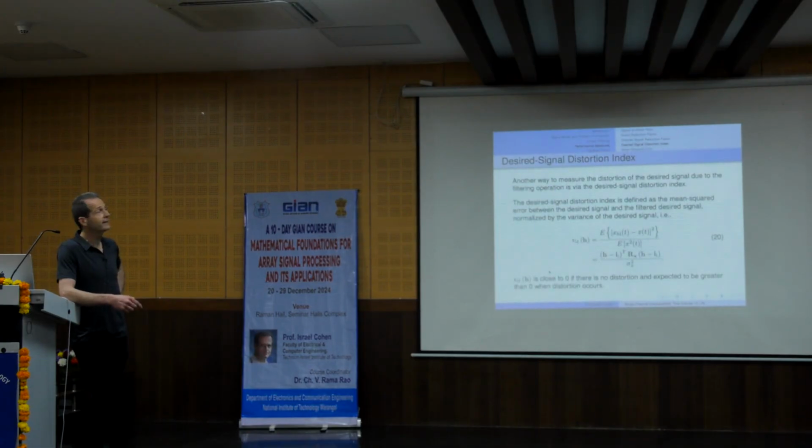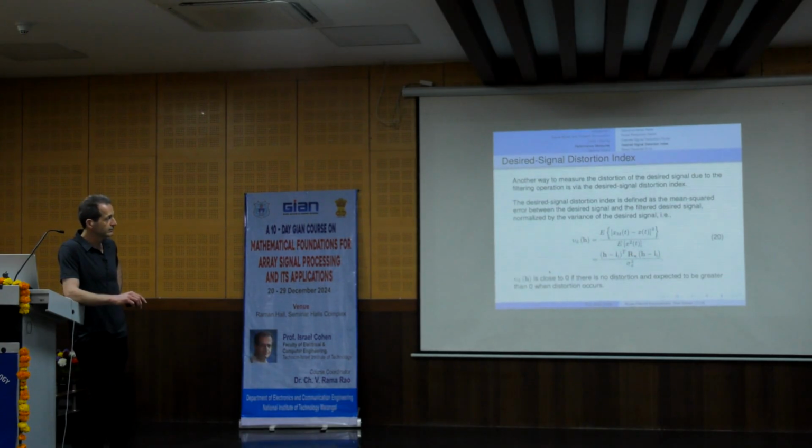We can also define the distortion index, the desired signal distortion index. What does it mean? The output of the filter contains two components. So we can ask, what is the expectation of the error between the filtered desired signal and the original signal? Here we don't take into account the residual noise. We just care about the distortion, and it's normalized.